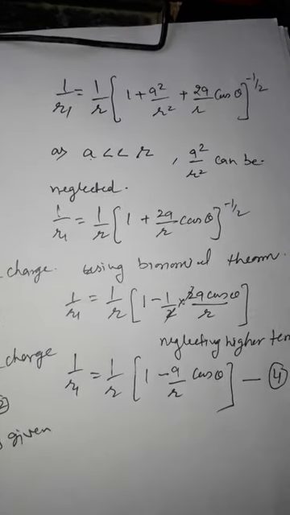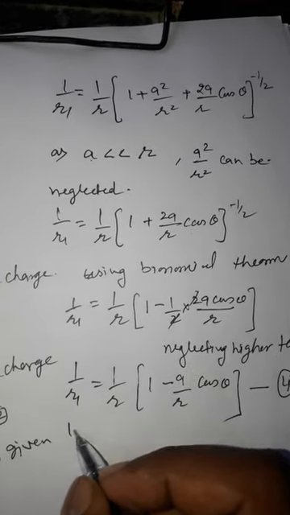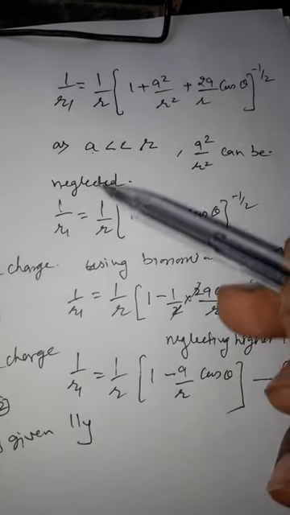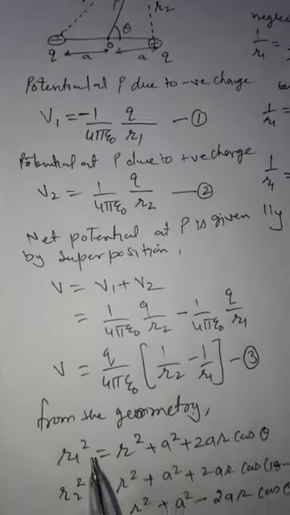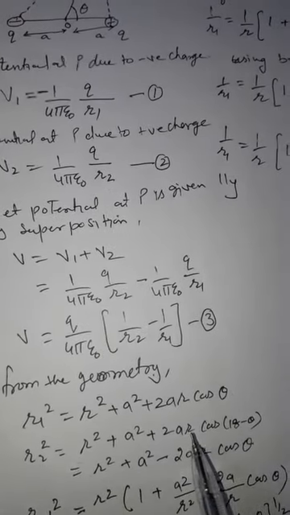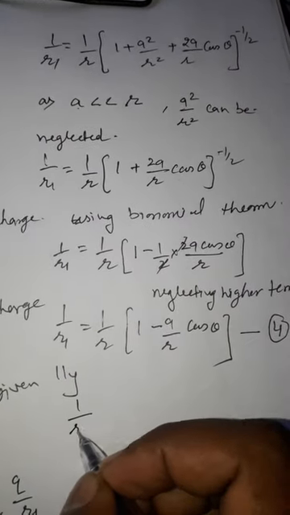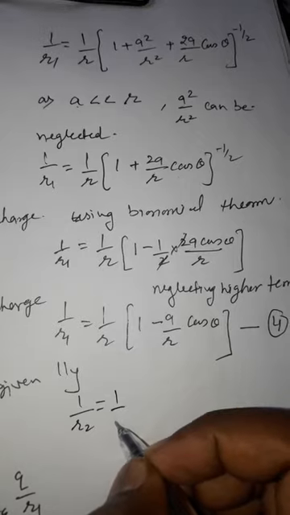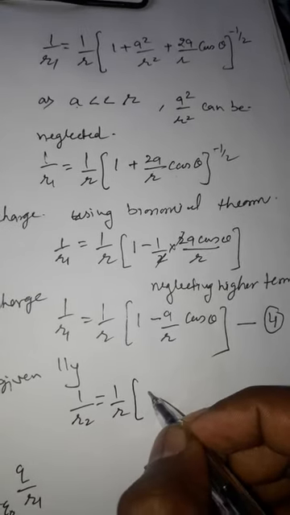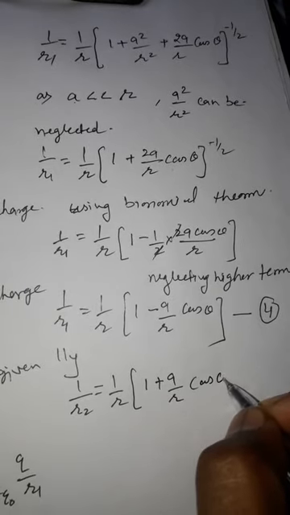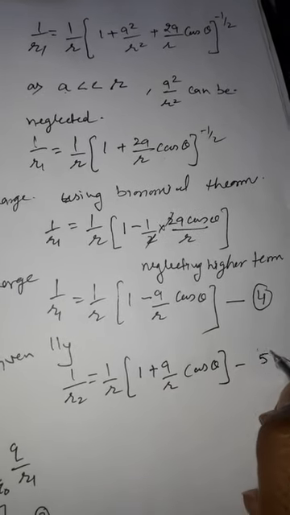Similarly, if we complete this procedure with the vector r2 square, we remain with 1 by r2 equal to 1 upon r into 1 plus a by r cos theta. So this is equation 5.